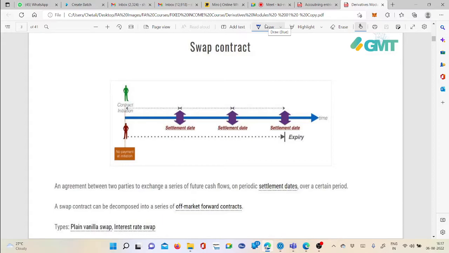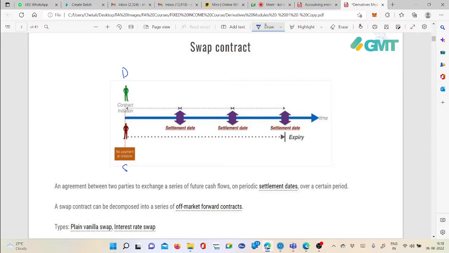At that time, the American citizen and the European citizen come onto one platform and they can exchange their loans. So exchanging of currencies or goods from one person to another person. Swapping. So it's called swap.